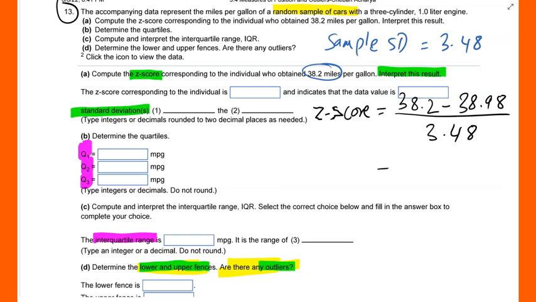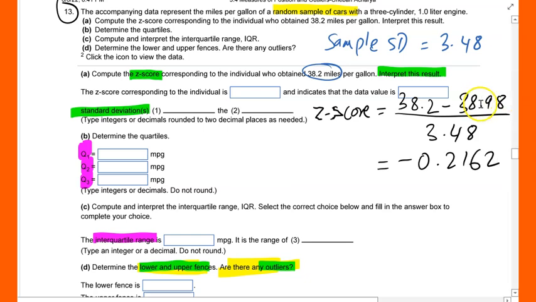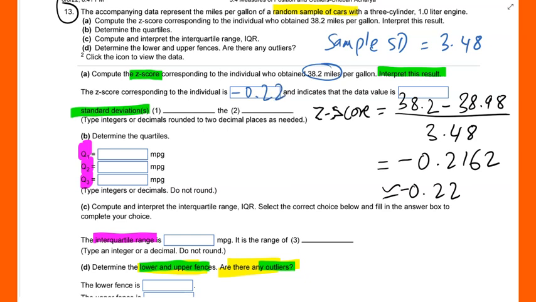If you divide, you get negative 0.2162. Since you rounded to 2 decimal places, this is approximately negative 0.22. Therefore the z-score is negative 0.22.